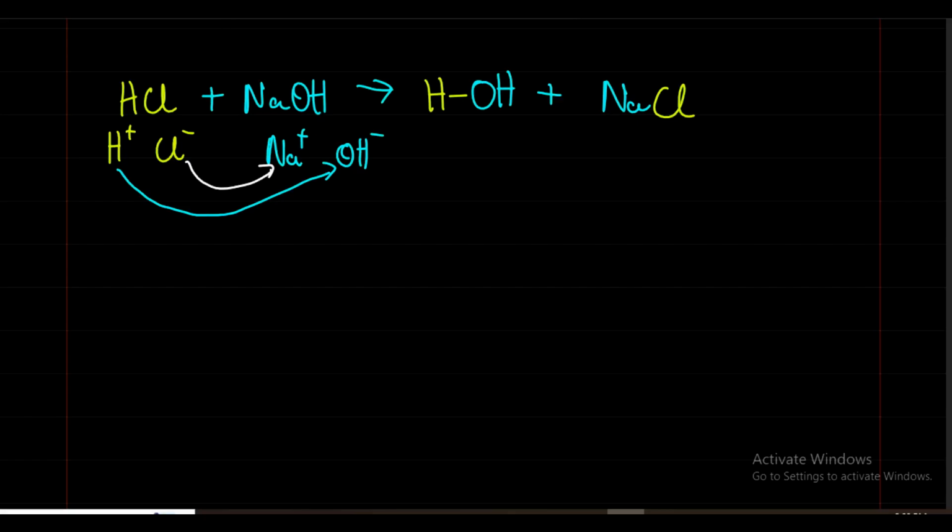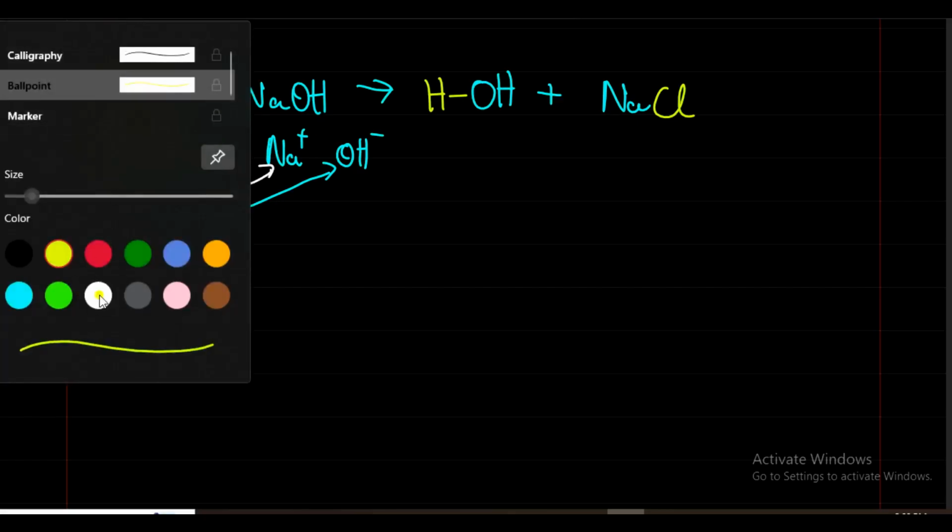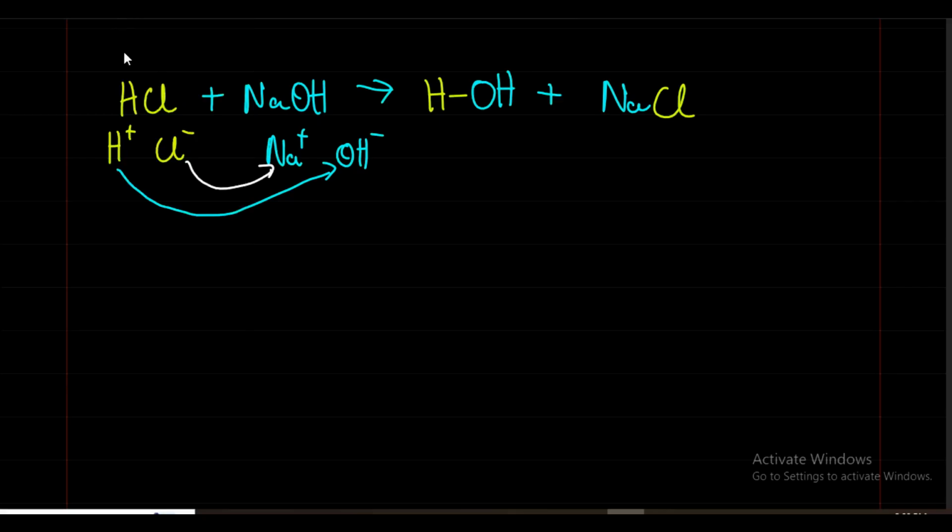So which one is an acid and which one is a base here? This is an acid, this is a base. This is water, and this is a salt, sodium chloride.